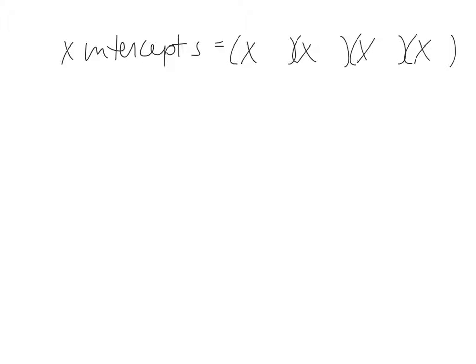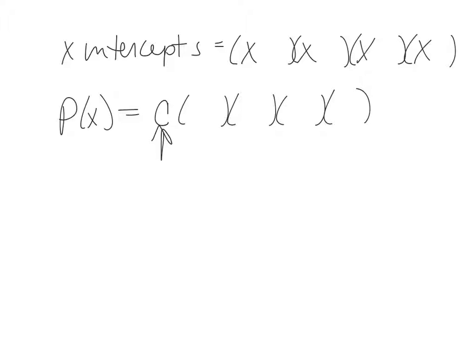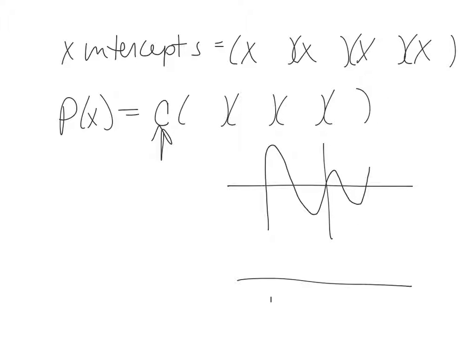Because the factors could be multiplied by any constant and still produce a graph with the same x-intercepts. Okay, we just did a p of x equals c times all of those binomials. Okay, that c is just going to change how it looks, you know, big curves versus little curves.